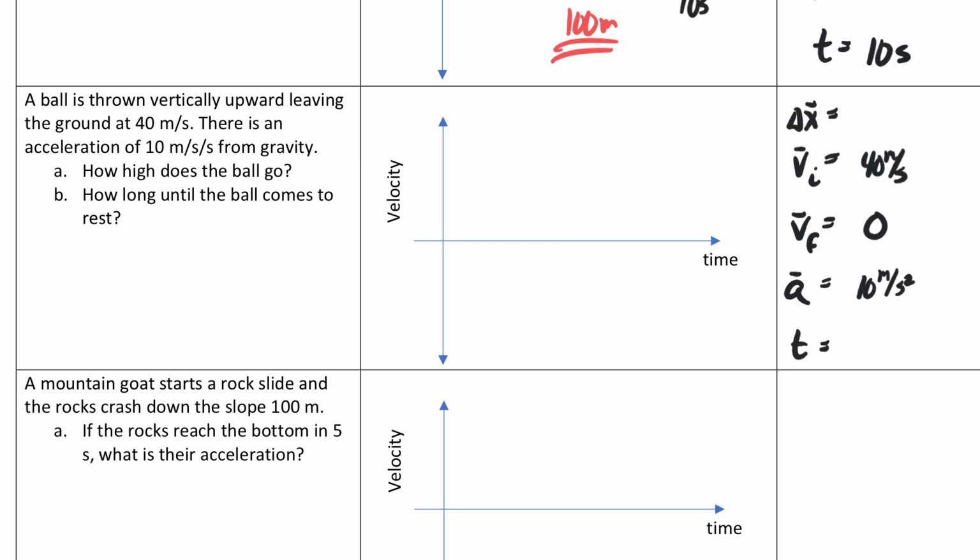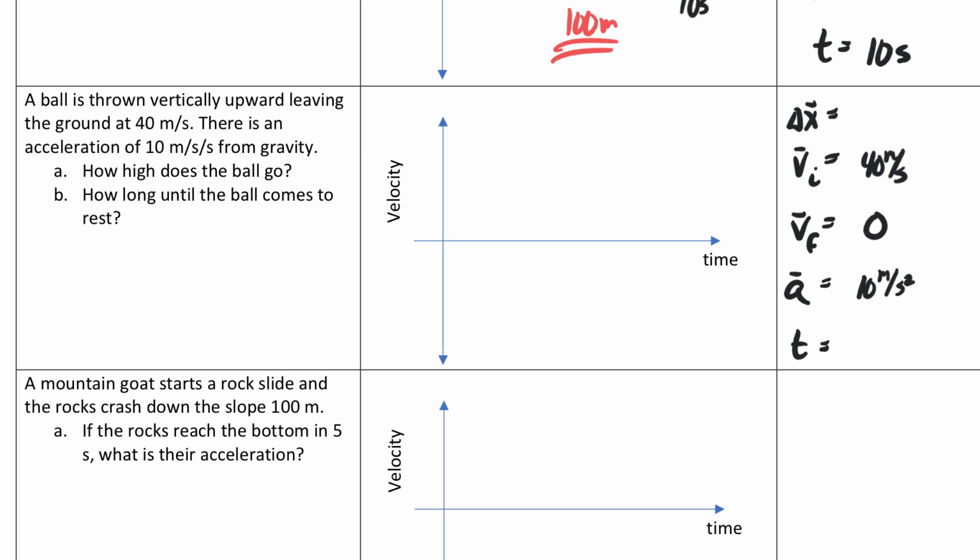So your first step is to write out the motion variables. Your second step is to see if the problem gives you 3 pieces of information. Your third step is decide what direction is positive. So do you want up to be positive or down to be positive? Pick one.